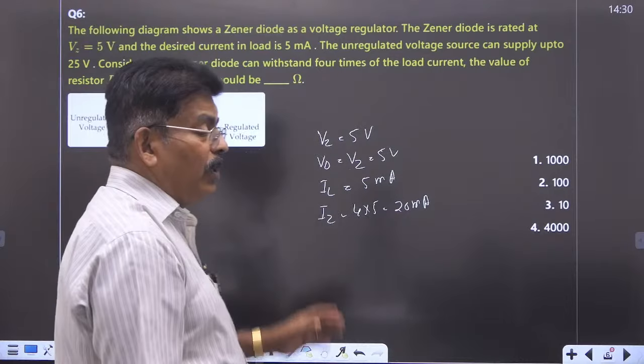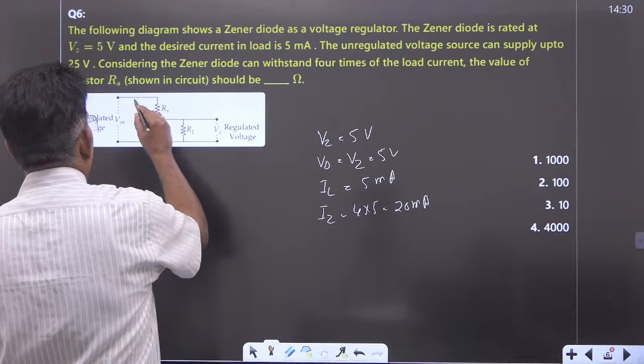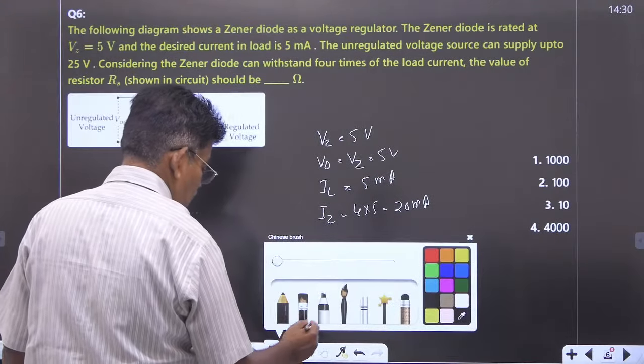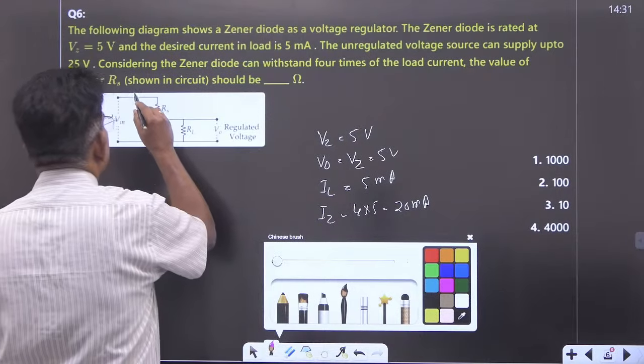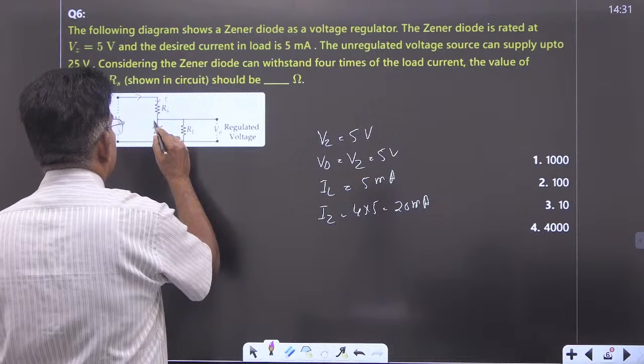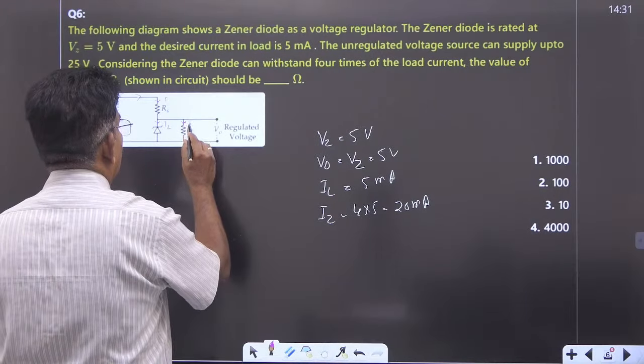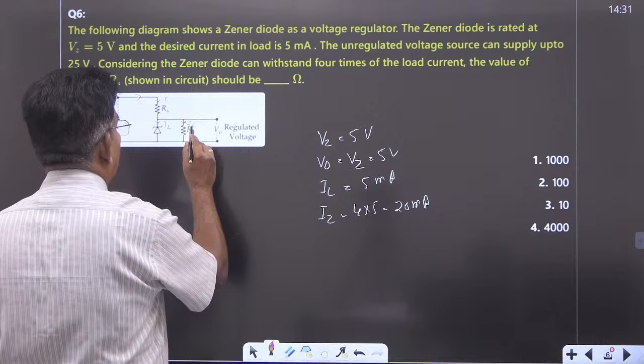One thing we have considered, that this is the current coming. This is the main current, I call I. This is the Zener current IZ. This is the load current, I call IL.